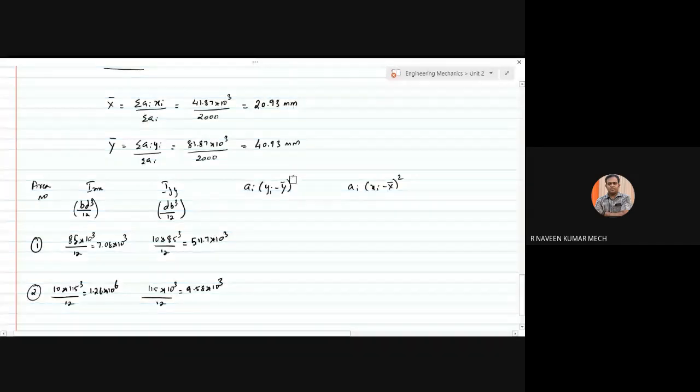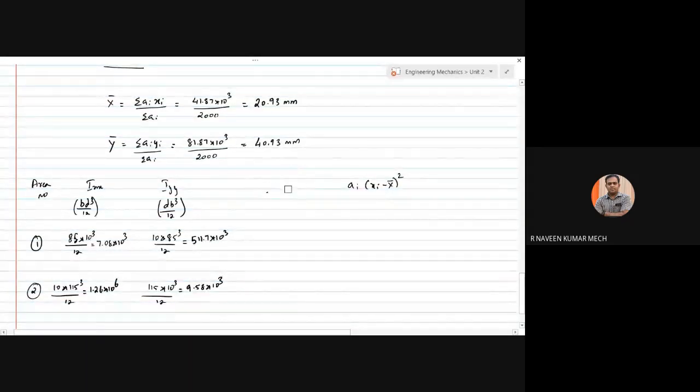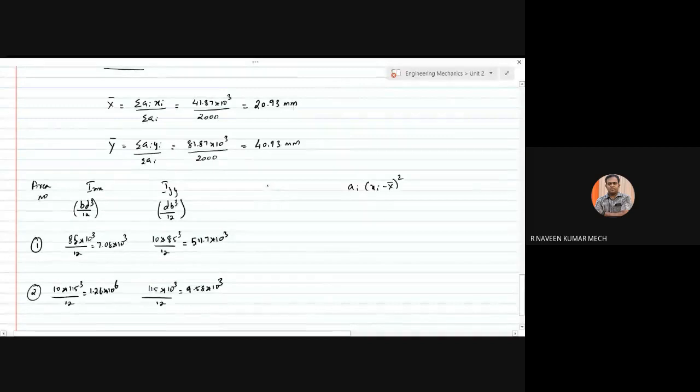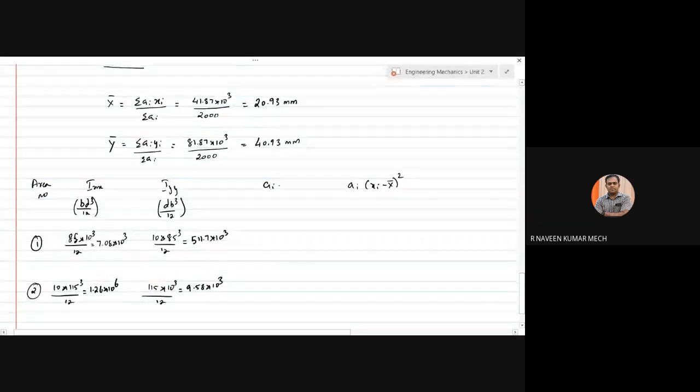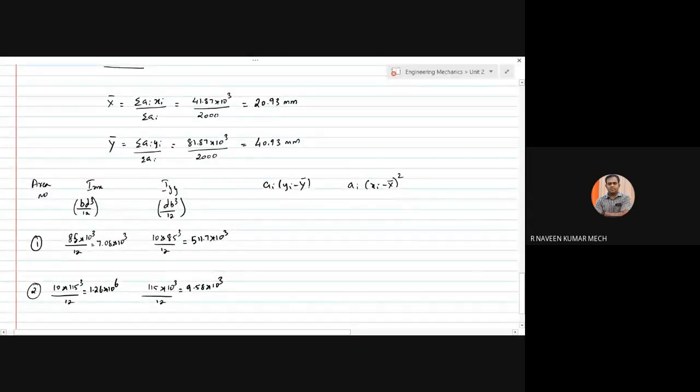Here Σ Ai (yi minus y bar) whole square.